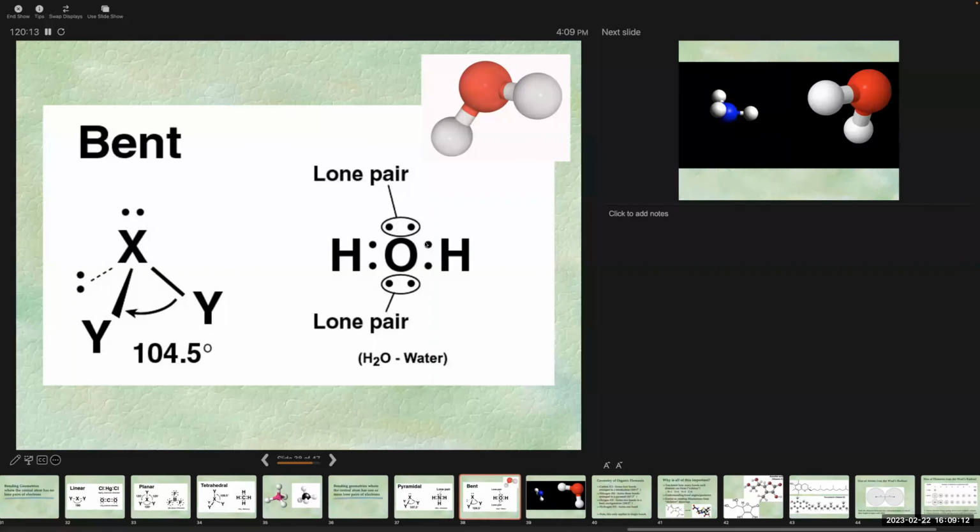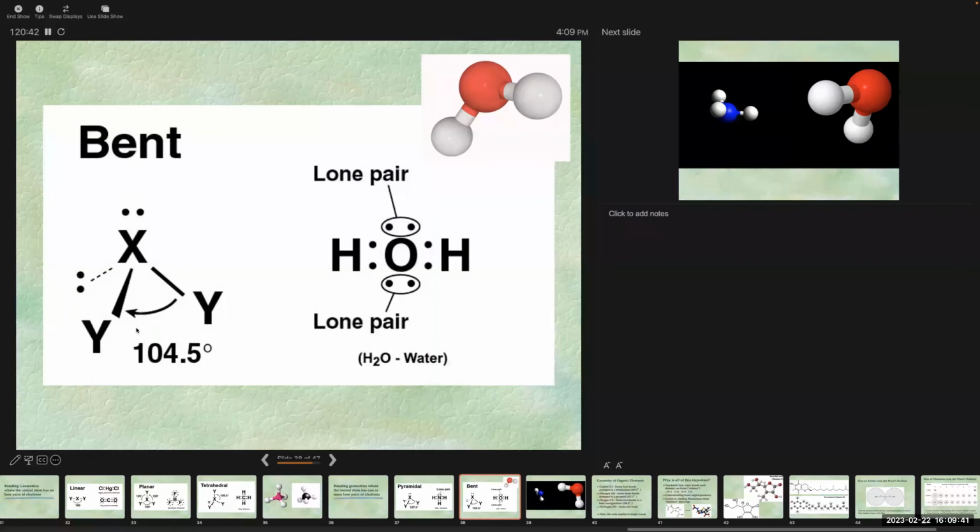What happens is that these lone pairs behave almost as if they were two other atoms bonded to the central atom. They're not atoms, they're just lone pairs of electrons, but they act almost as if they are something else bonded to the oxygen. And they push the bonding pairs of the hydrogens away even more strongly than the bonding pairs are pushing back.